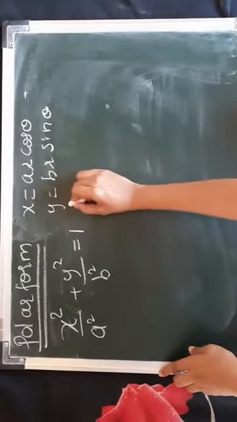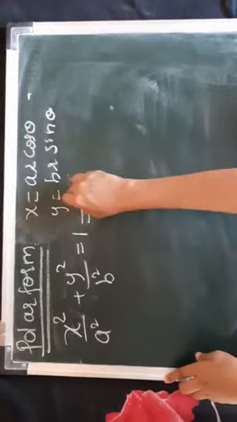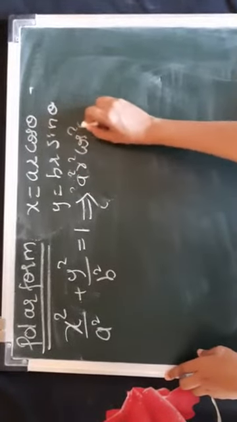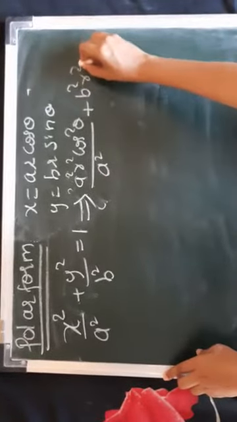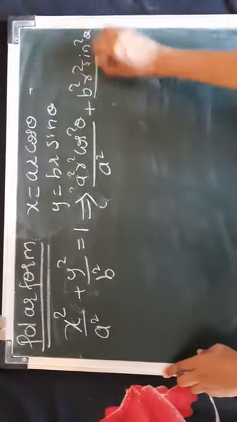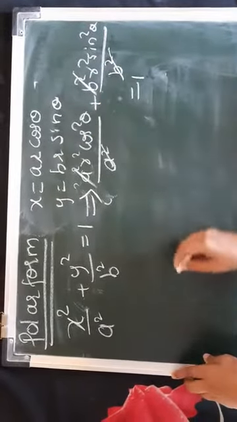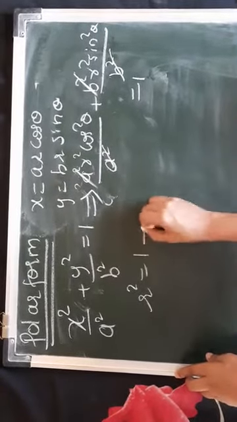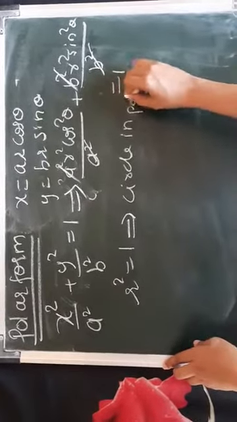Therefore, x square by a square plus y square by b square becomes a square r square cos square theta upon a square plus b square r square sin square theta upon b square is equal to 1. The b square cancels, the a square cancels, r square is common, so I get r square is equal to 1, which represents a circle in polar form.